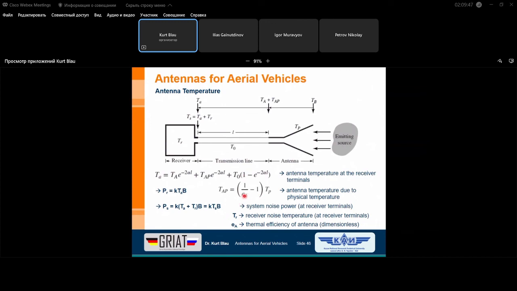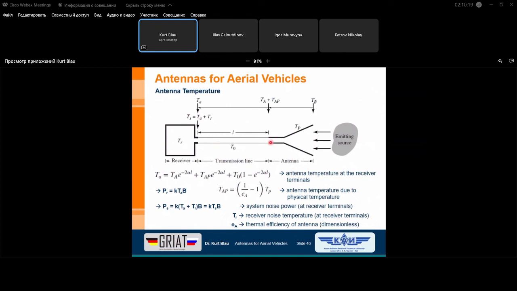So this quotient is a little bit higher than 1, because it's, let's say, 0.995 or whatever. And you can see here that this additional noise contribution given by this T from the physical temperature at this plane is a little bit higher than the physical temperature. And now we go along our transmission line.